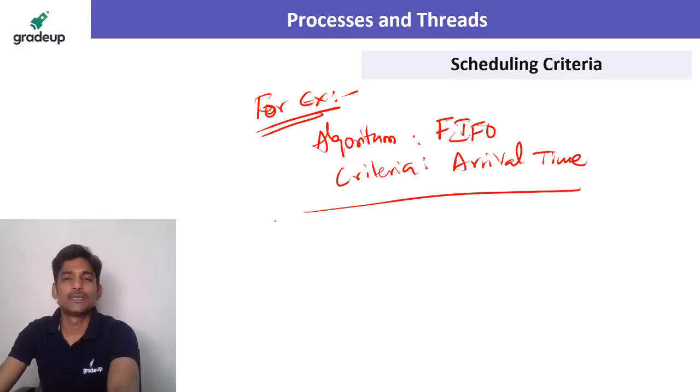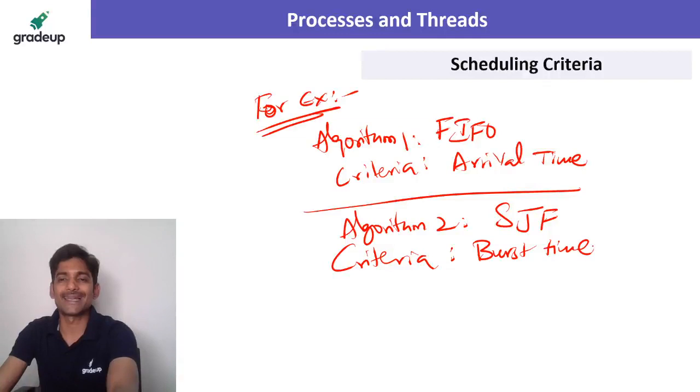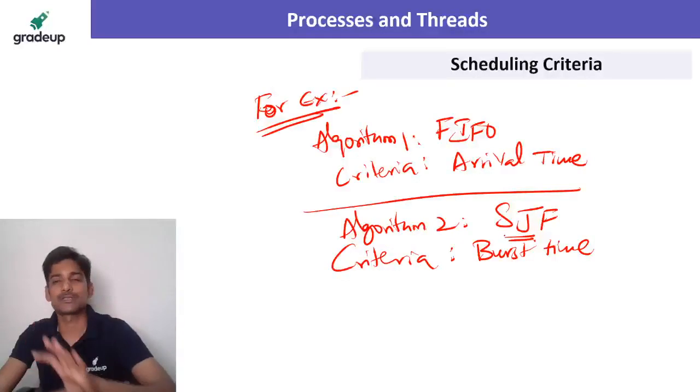Right? Similarly, we have another algorithm, Shortest job first. What is the criteria for this algorithm to schedule? Burst time, which means which requires less time. Shortest job: the process which requires less time is allowed first.